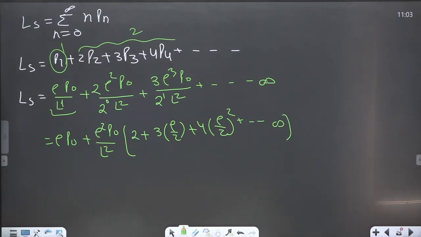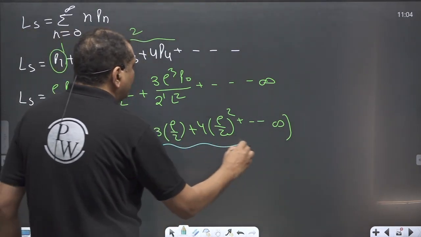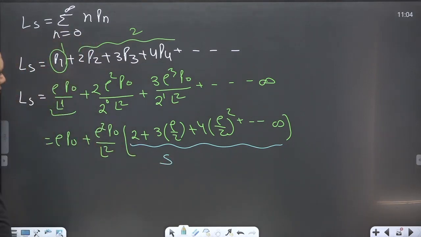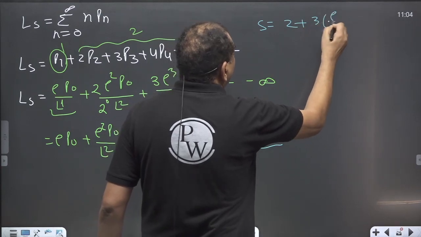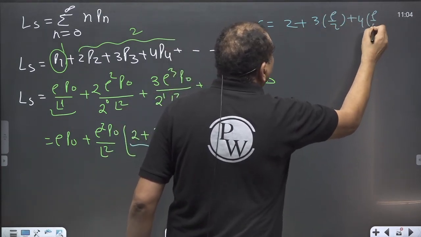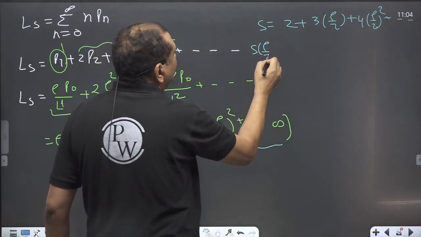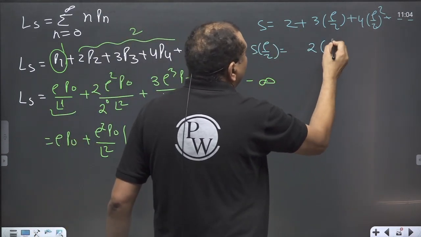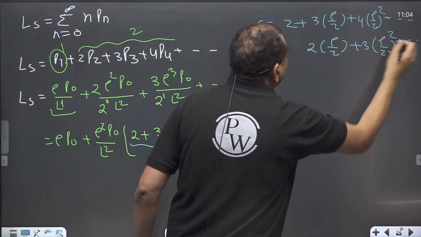Okay, you can do one thing. Let us say this is S. So S is nothing but 2 plus 3 rho by 2 plus 4 rho by 2 square and so on. Multiply by rho by 2: S into rho by 2. Start writing from here: 2 rho by 2 plus 3 rho by 2 square.